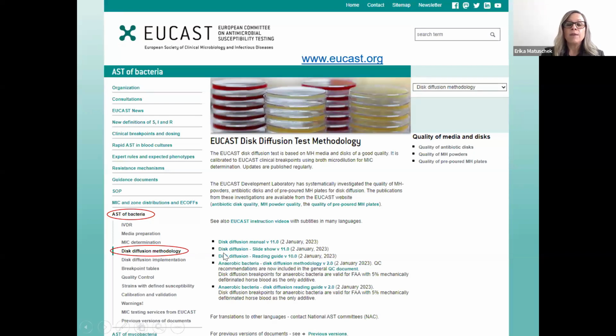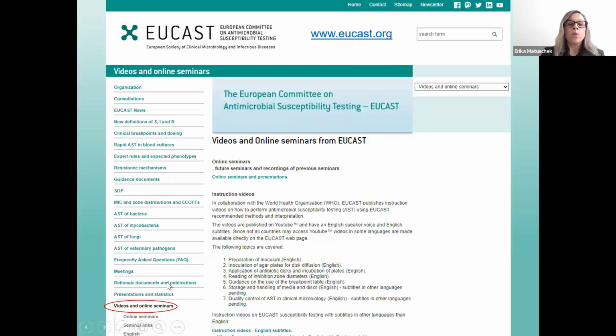And then we have the disk diffusion reading guide as a separate document. And we have two separate documents for the anaerobic bacteria, one that describes the method and one reading guide. We also have a number of very short, very detailed instruction videos that show you exactly how to do the different parts: how to prepare the inoculum, how to inoculate plates, and how to read zone diameters.